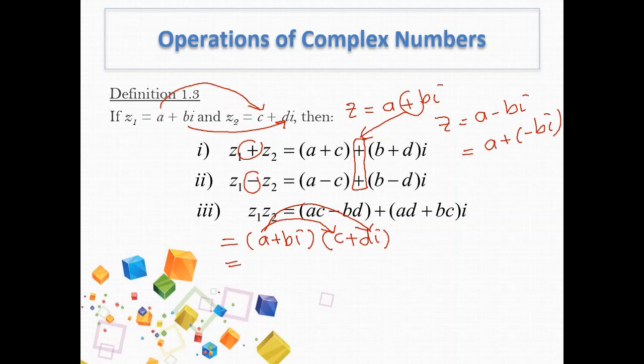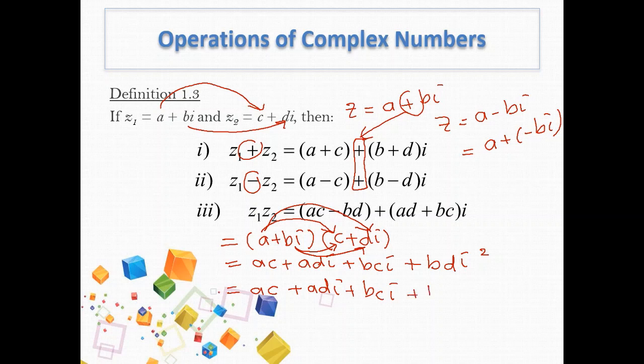So this gives you AC plus ADI. While for B, multiplying gives you BCI, and B multiplied with D gives you BD, and I multiplied with I gives you I squared. So you simplify this to become AC plus ADI plus BCI plus BDI squared.